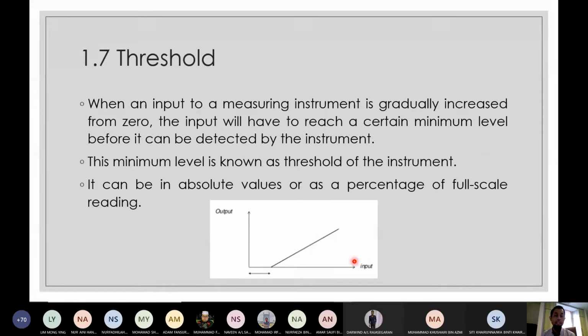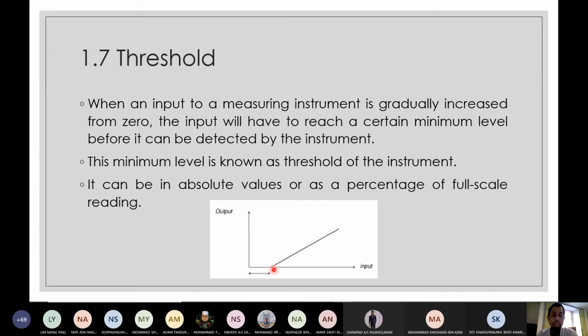Okay, next point is threshold. Threshold is the minimum level before the measuring instrument starts to measure. We can see from the figure here that when you use a measuring instrument, sometimes it does not start instantaneously at 0.